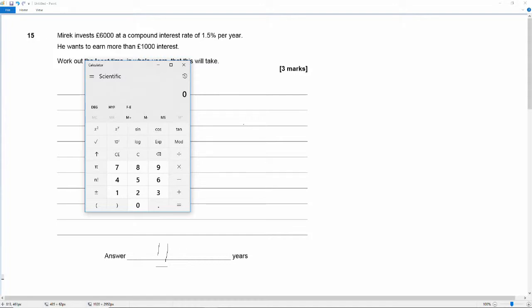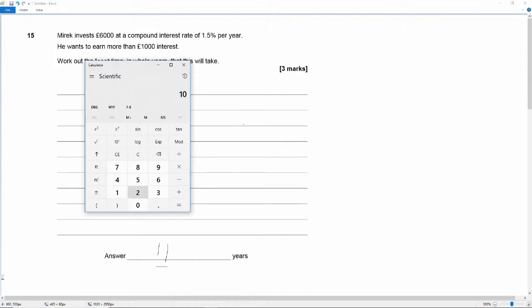Have you ever wondered what the log function does on your calculator? If I say take 10 raised to the power of, say, 8, that's 100 million, and then I find the log of that, I get 8.